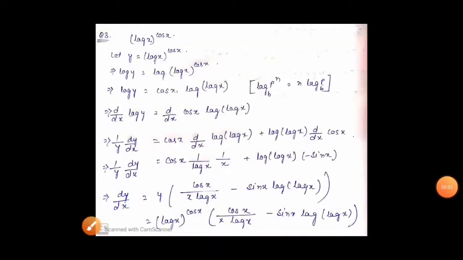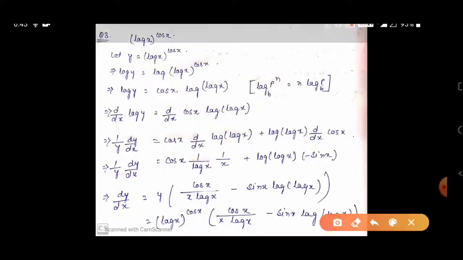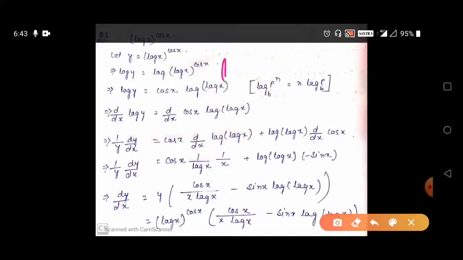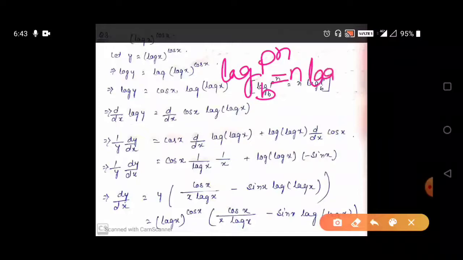Question number 3 is given log x to the power cos x. So here also we will assume that y is equal to log x to the power cos x. Now here we will apply the formula log p to the power n base b is equal to n log p base b.